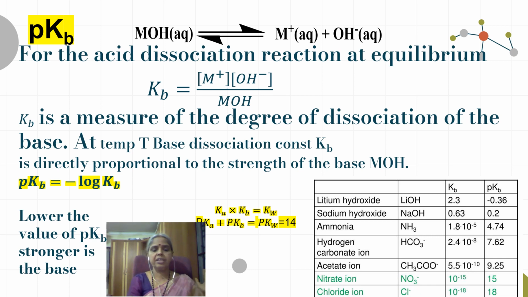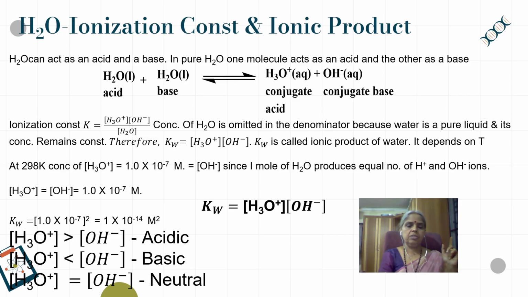Now, let us move on to the next part of the lesson, that is ionic product of water. So, what is ionic product of water? Suppose you presume that one water molecule is acting as a base, another water molecule is acting as an acid.